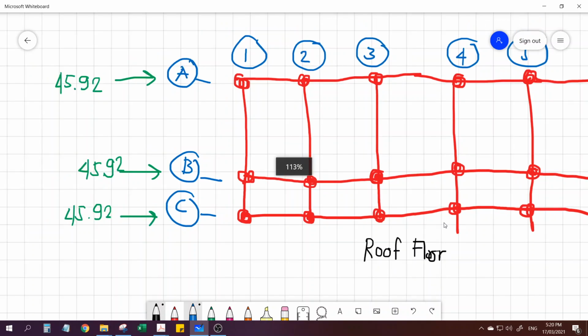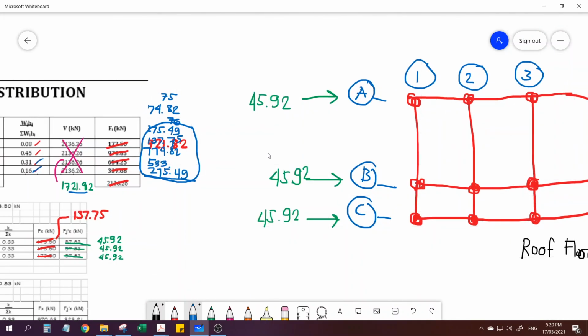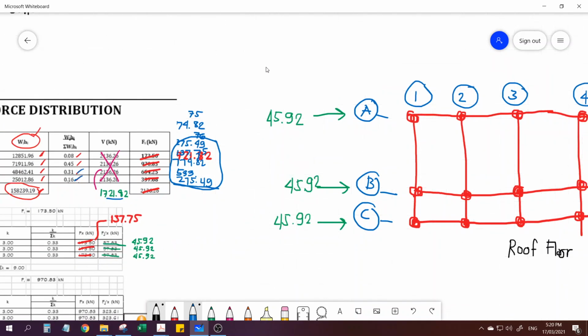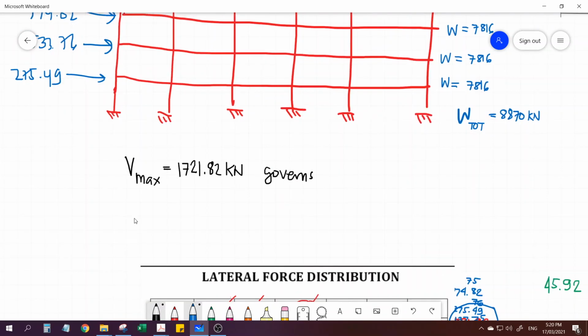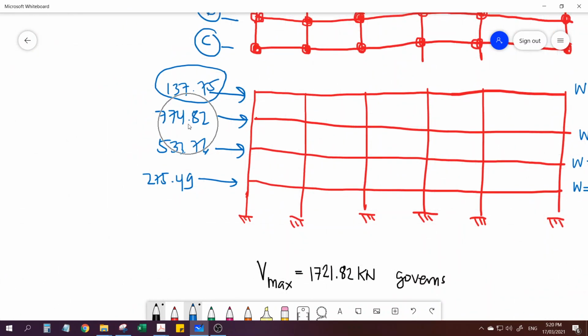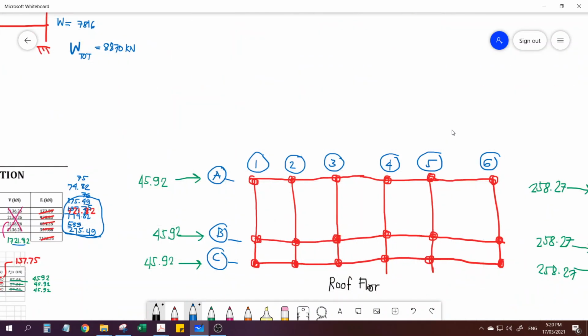Then if you repeat the same process, right now ang dinivide ko is 137.75 sa roof floor. Basically, hatiin mo din itong 774.82, itong 533.76, 275.49, yung nasa second floor, and you will get this.